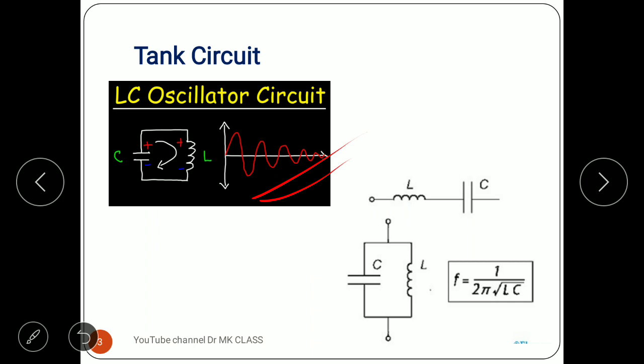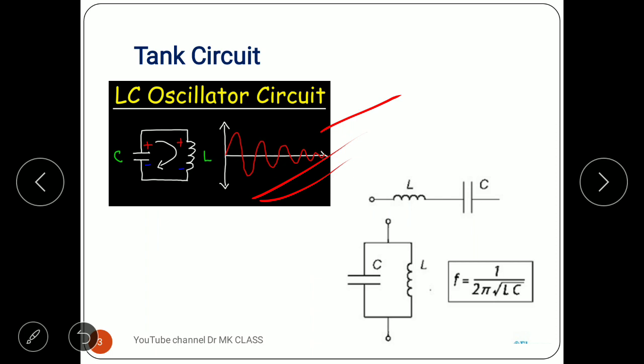That's why we are making use of L and C. If it is a resistance, the voltage drop will come very sharply and go to zero. If you connect the inductor in parallel, it will hold charge for some time. The capacitor also holds charge, and charging and discharging will happen, giving this type of waveform.